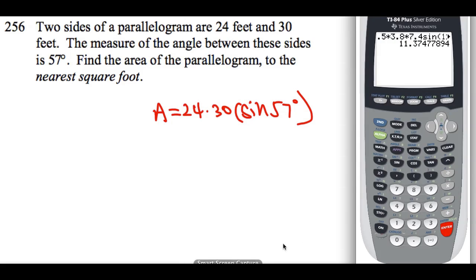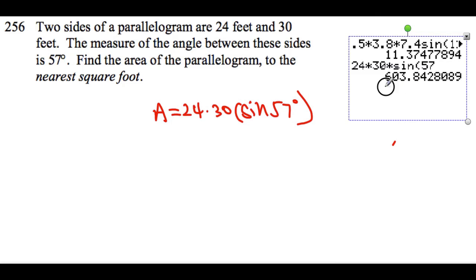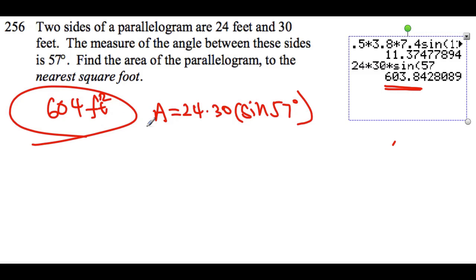Now, let us put that into calculator. 24 times 30 times sine of 57. Put it to the nearest square foot. That means we end up getting 604 square feet. That becomes our answer.